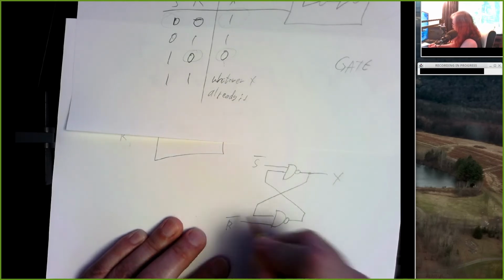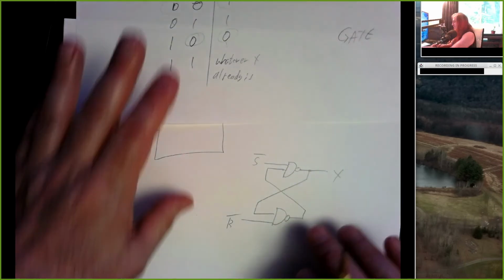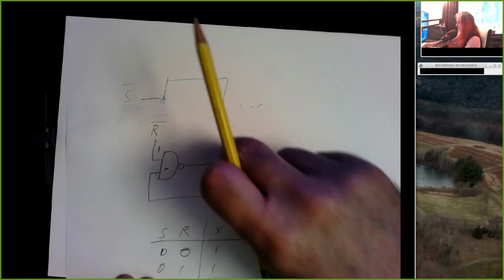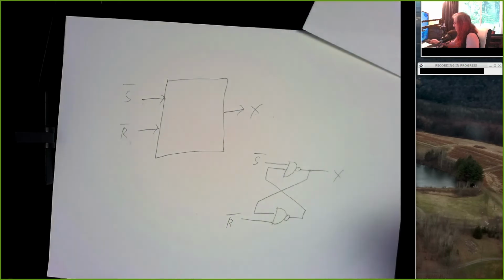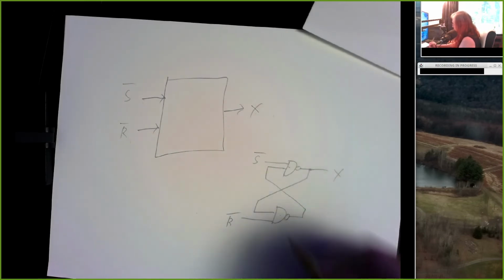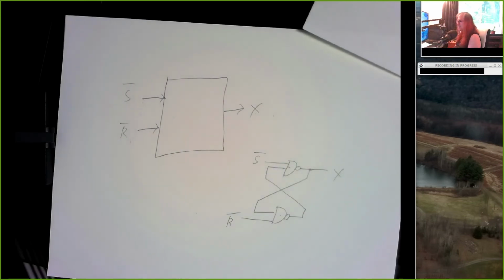This would be the reset bar input. It's exactly the same circuit as that. I've just taken this and moved it down underneath. But you'll see these sort of cross-coupled inverting gates. And so this is one way to build a memory.